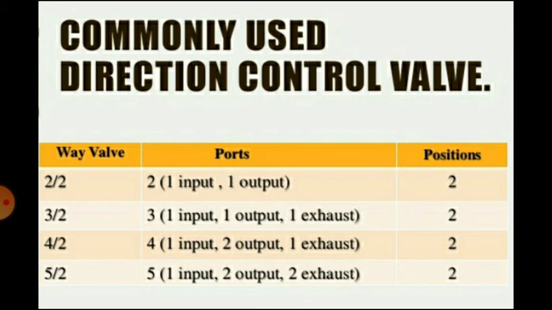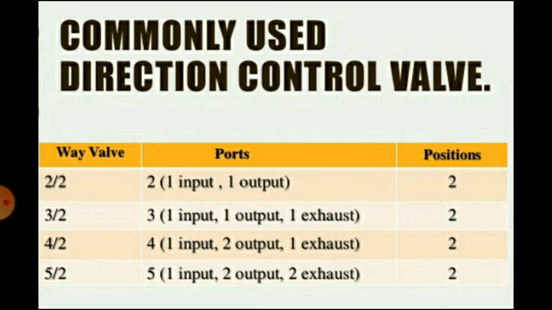In a 3 by 2 DC valve, the number of ports is 3, in which one is input, one output and one exhaust, and the positions are 2. In a 4 by 2 DC valve, the number of ports is 4, in which one is input, two are output and one exhaust port, and the positions are 2.